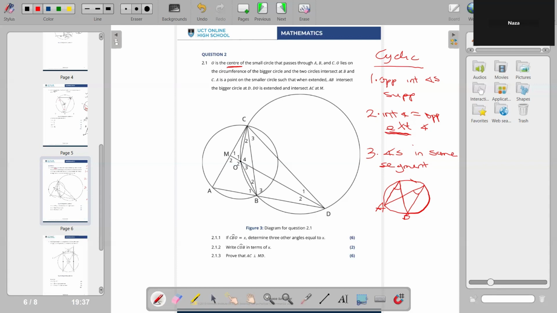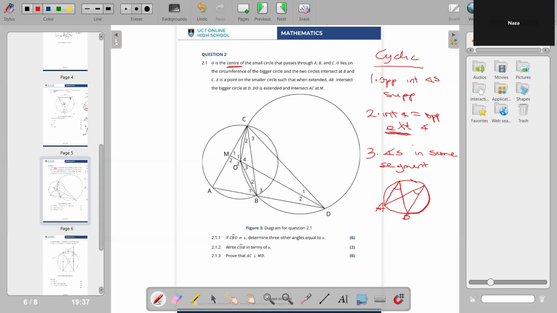Let's just mark the angles that we are told there. Do we have any angles that we are told in the primary information?